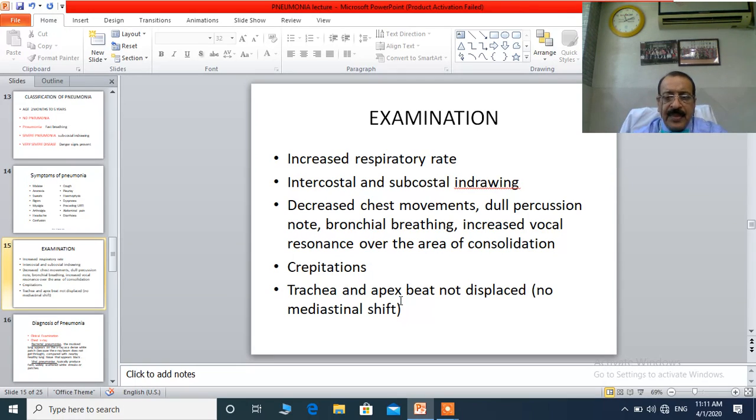On examination, the child will have increased respiratory rate. Then there will be intercostal or subcostal indrawing.